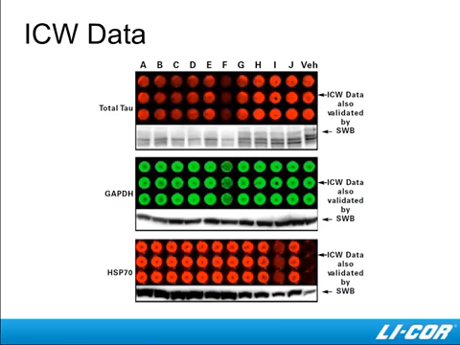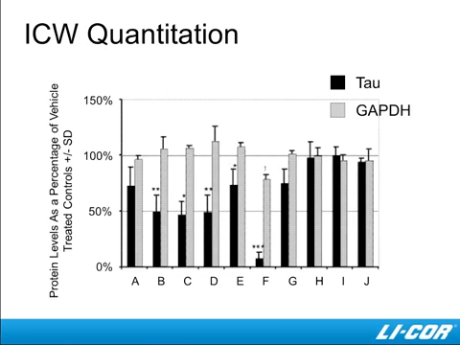Some inhibitors, like inhibitor F, greatly decreased tau levels. Some inhibitors, B through E, had a more moderate effect, and then other inhibitors didn't really change the levels of tau. If we look at our HSP70, we can see again that these different inhibitors had varying effects on HSP70 expression levels.